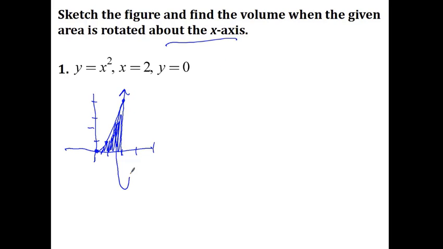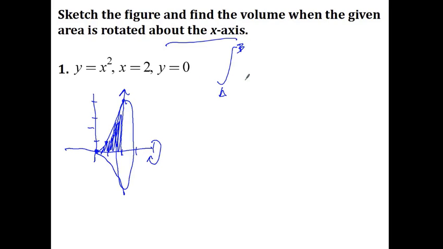So I'm going to put a circle right here. And I'm going to put a little thing right here showing I'm going around the x-axis. So we're rotating that region around the x-axis, which is going to create this figure here. So to find the volume of this, we're now going to find an infinite number of disks and add them all up, and that will give us the volume for the figure.